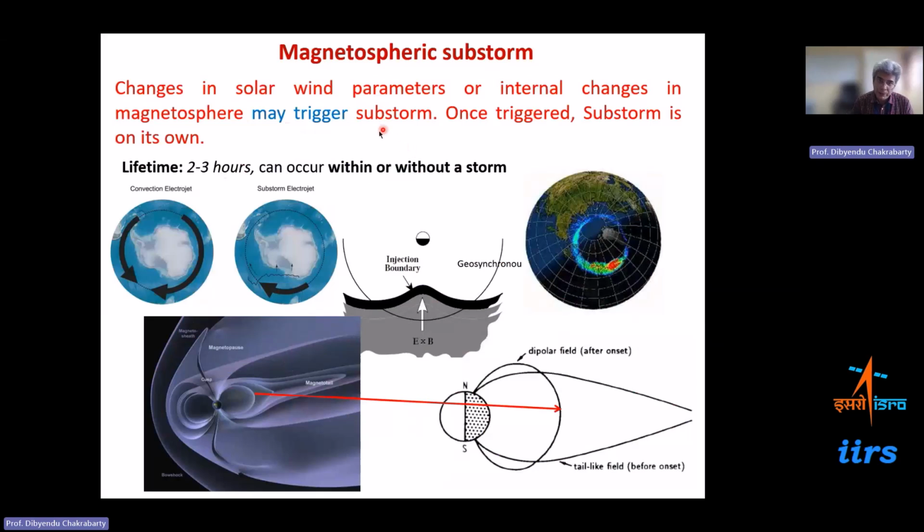It is triggered by storms and solar wind parameters, but it is not maintained by them, because once it is triggered, a magnetospheric substorm can go on its own. So it has its own decisive capacity, deciding when, how much, and how long this energy is to be released into the ionosphere of the Earth.